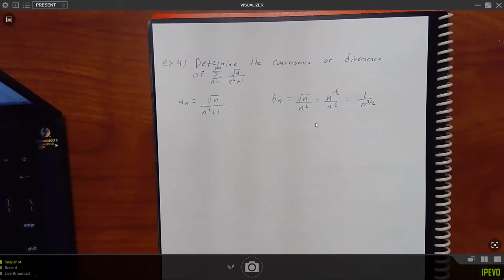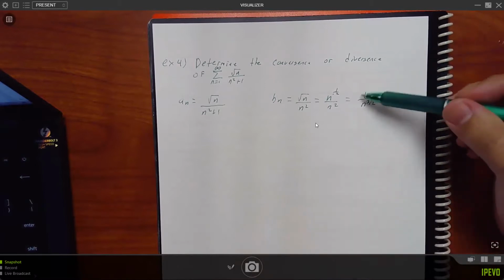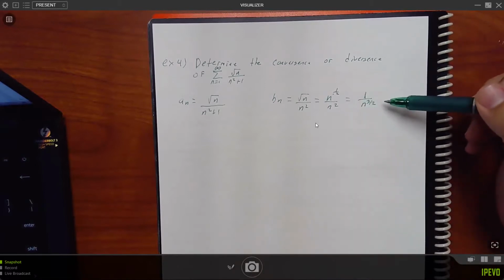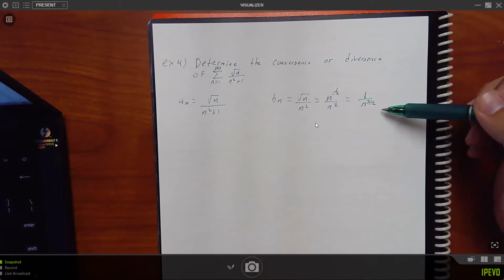Okay. What type of series would this be? It's not geometric. Yeah, this is the p-series, and the p is 3 halves, right?